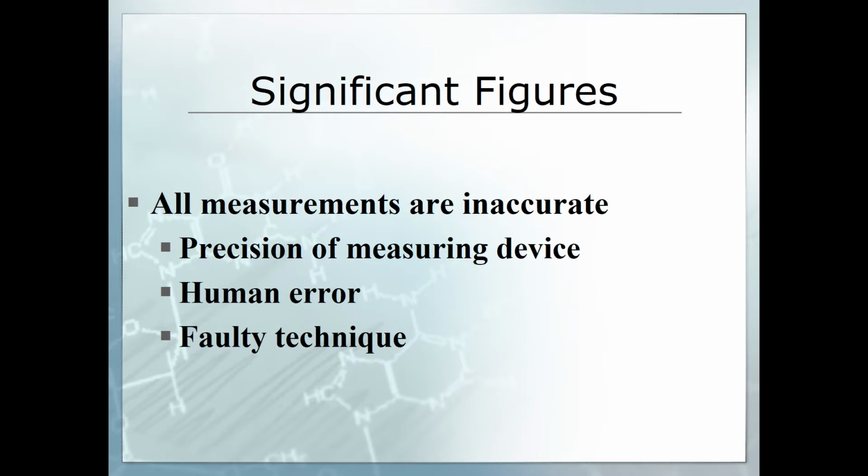Also, there's technique. So how you actually take the measurement depends on how accurate your value is. So if I were to take a ruler, go over to one side, measure it, and then when I'm walking over to look at the other side, I move the ruler around, I've introduced an error because the ruler is no longer positioned correctly.